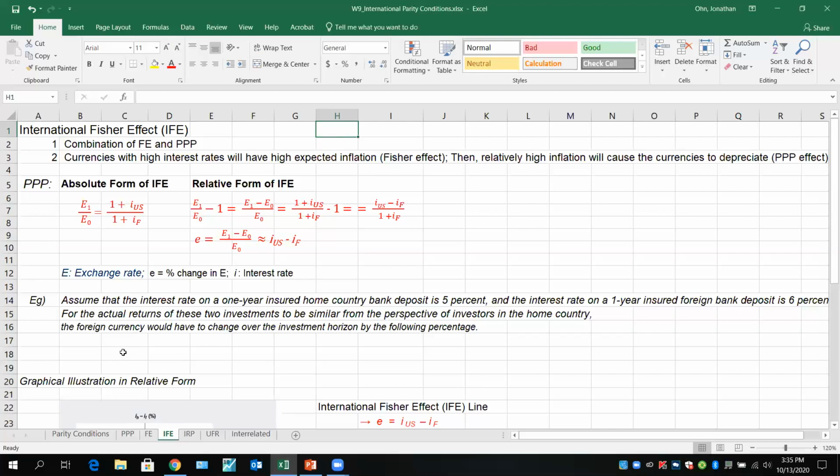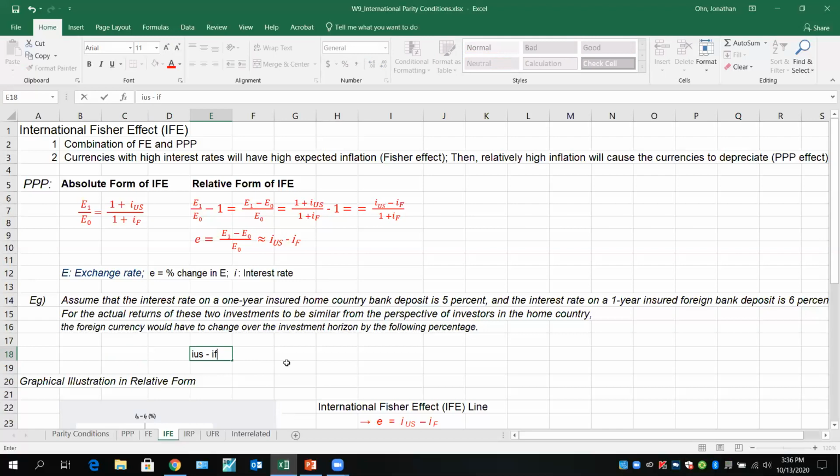Since we are not given the exchange rate, we have to use the relative form, right? Let's look at this: small i, US minus IF.